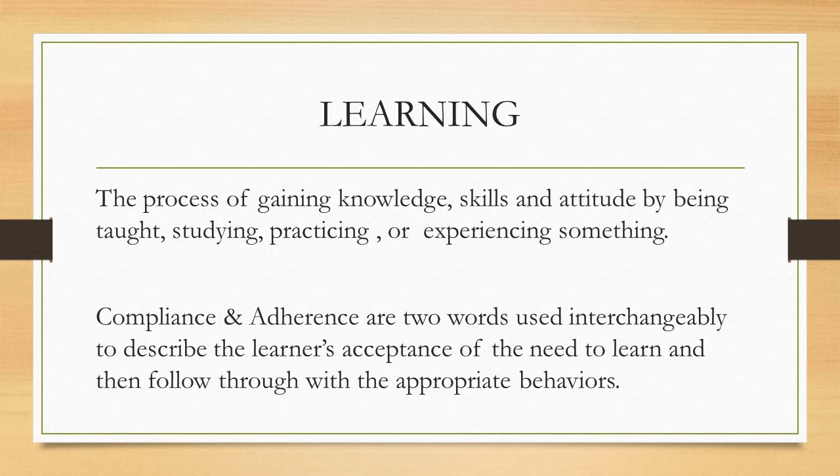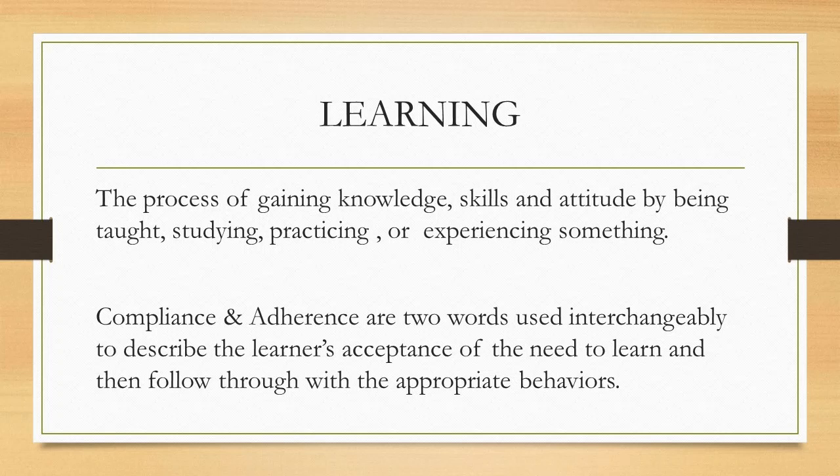Now let us understand how learning takes place. To define it, learning is a process of gaining knowledge, skills, and attitude by being taught, studying, practicing, or experiencing something. Learning is represented by a change in behavior.